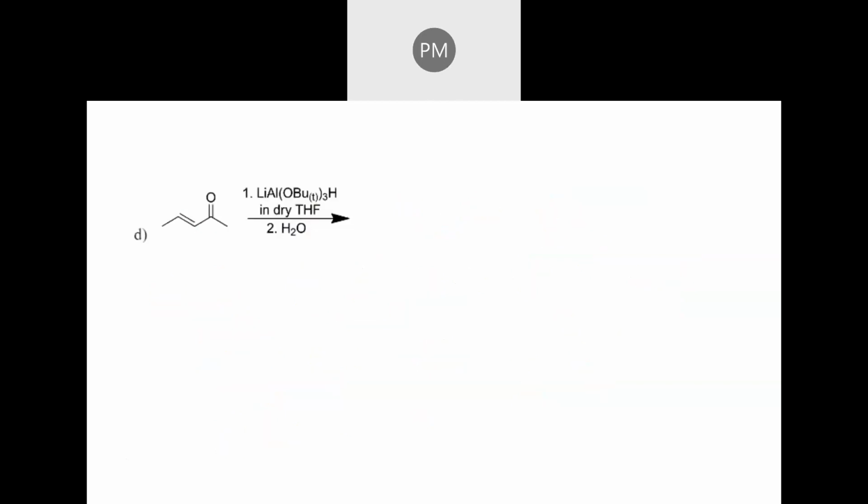So next example. Here we are given LiAl, a substituted hydride. This one is similar to LiAlH4, but the strength of the reducing reagent for LiAlH4 is much higher compared to this.